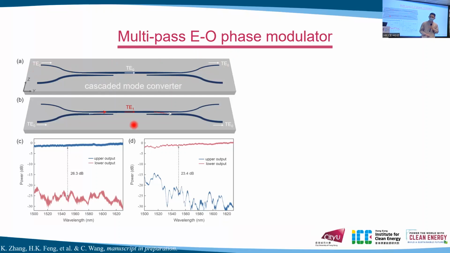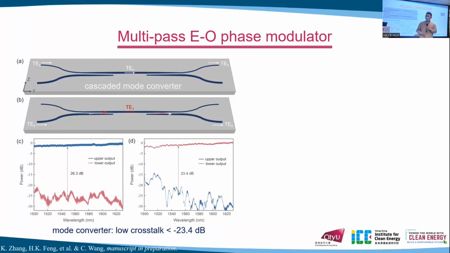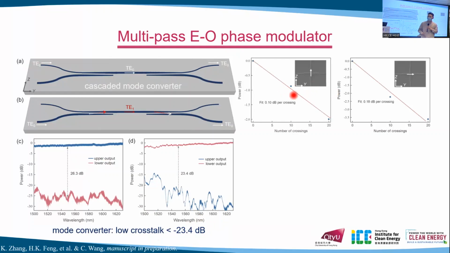If the light comes in from the lower port, it will go out from the lower port. This picture shows the measured result, and the result shows the mode converter has a very low crosstalk. Also, for the crossing part, our result showed a very low loss, about 0.2 dB per crossing.